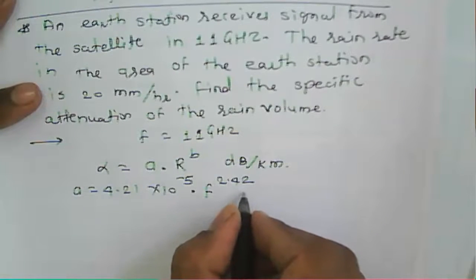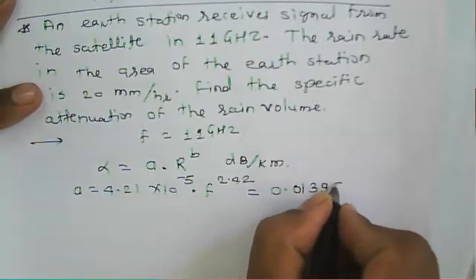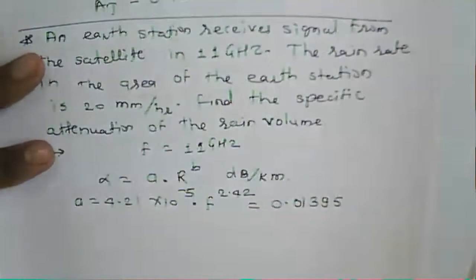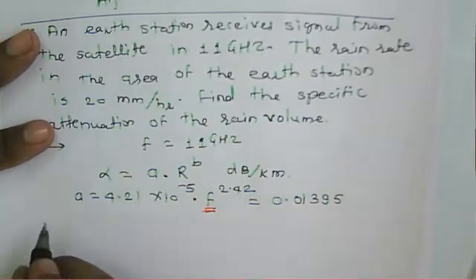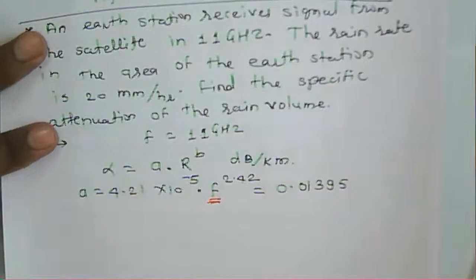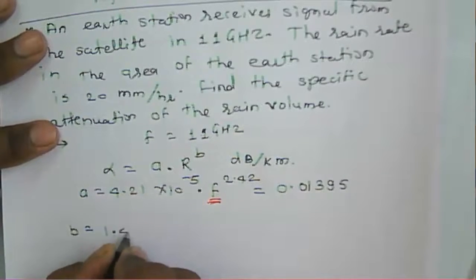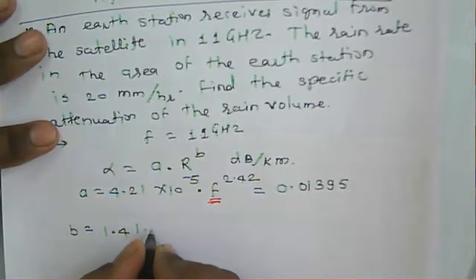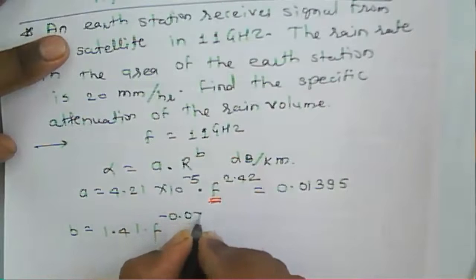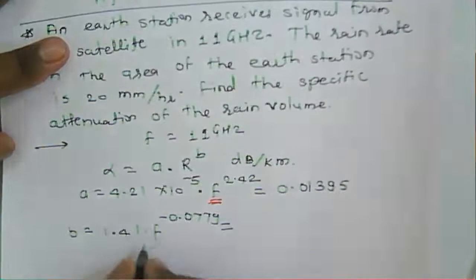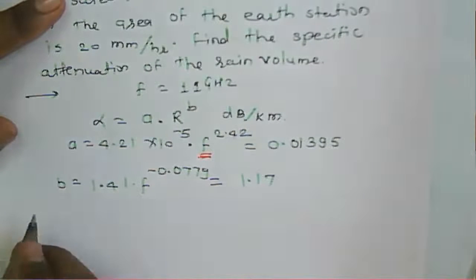Putting f equal to 11 gigahertz, we get 0.01395. Similarly, b is 1.41 into f raised to minus 0.0779. Putting f equal to 11 gigahertz, we get 1.17.